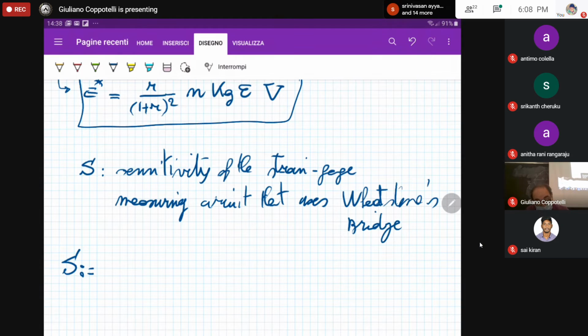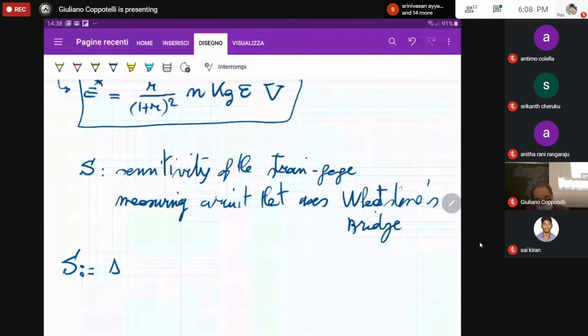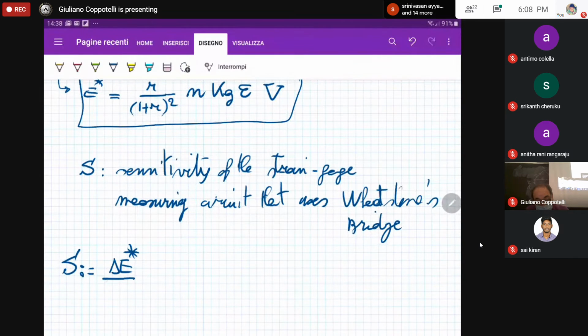The output is, let me write that as, delta E star over the strain. Delta because it is referring to the output, to the balancing condition. Okay, so the difference between the reference tension and the output tension is equal to the output tension, because the output tension is zero if the bridge is balanced.